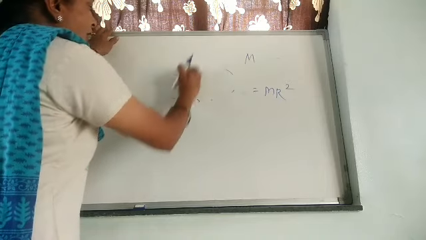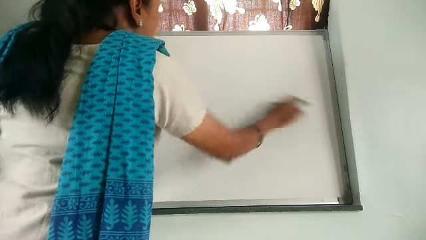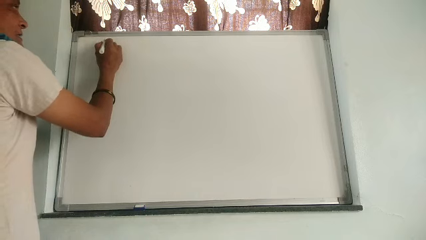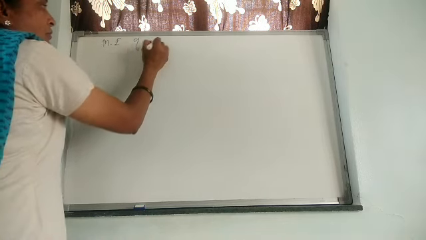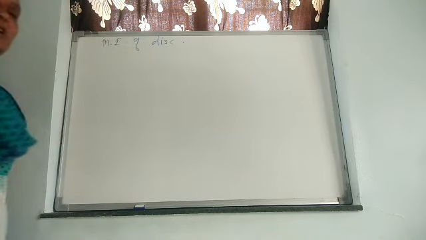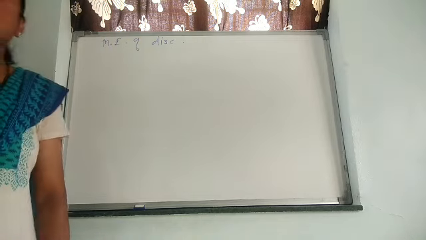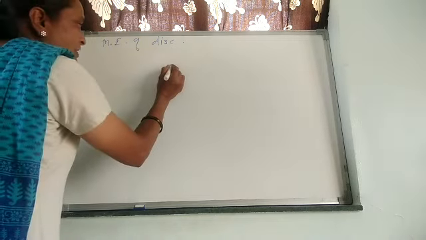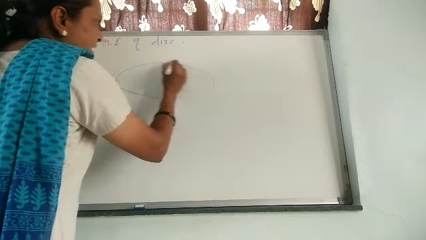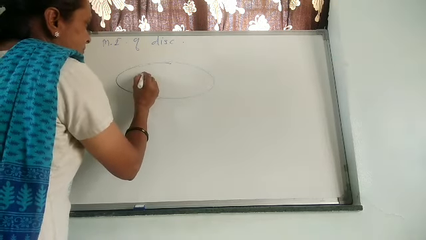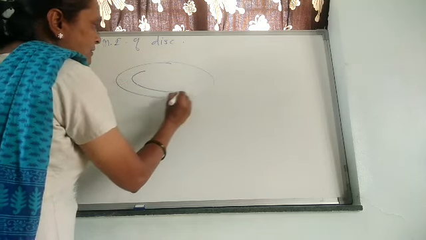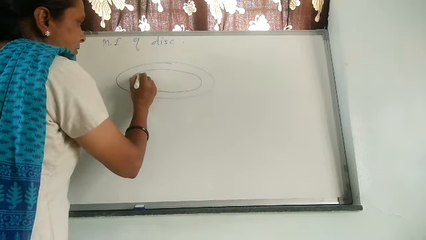Now we want to find out an expression for the moment of inertia of a disk. On this topic, a question can be asked: derive an expression for the moment of inertia of a disk. With the help of this diagram, I can explain that. This is the disk. We have considered a ring out of that.